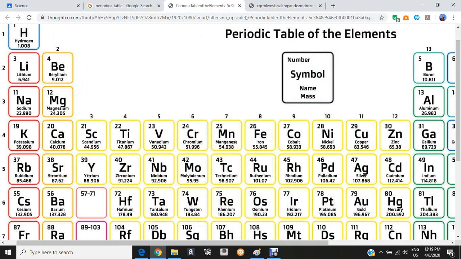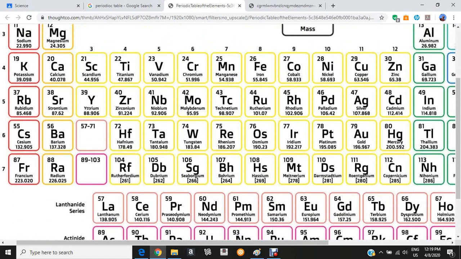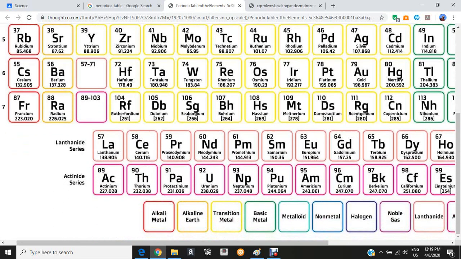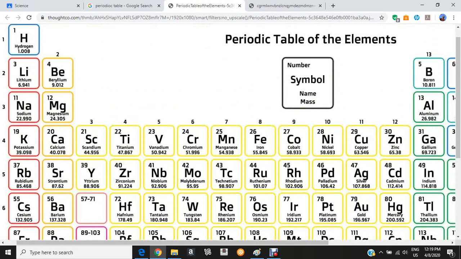You see, this is lithium right here. And this is what we find in the periodic table: number, symbol, name, or mass. Of course, you're going to ask me why in the periodic table we find the masses not an integer, why it is a decimal number. That will be explained to you in later lessons.